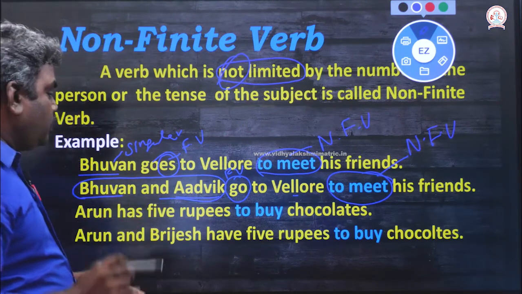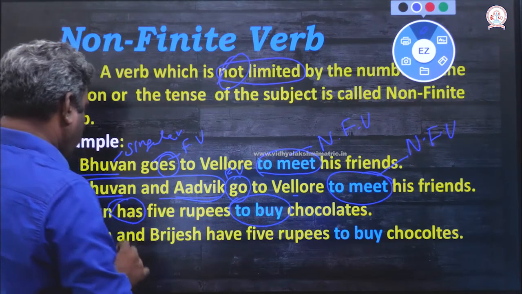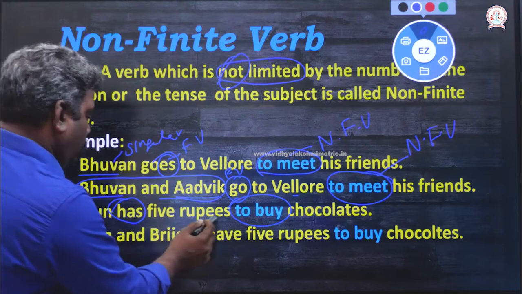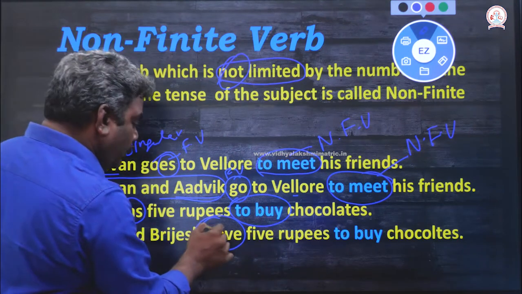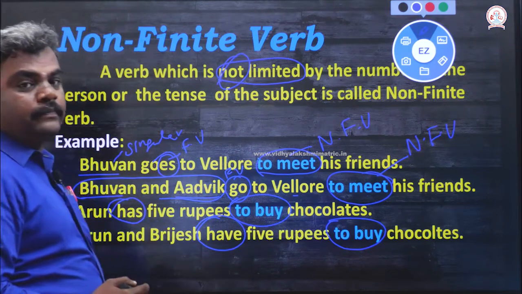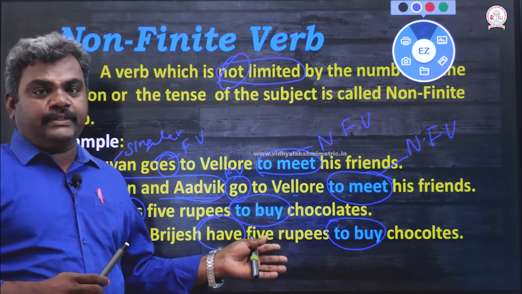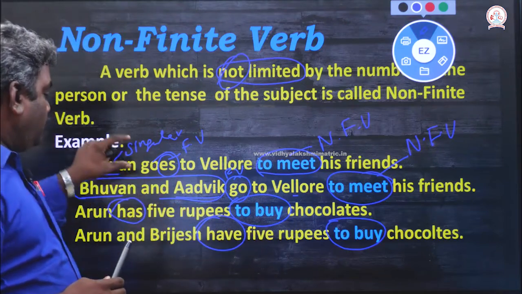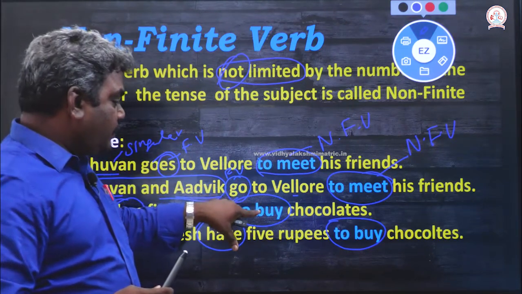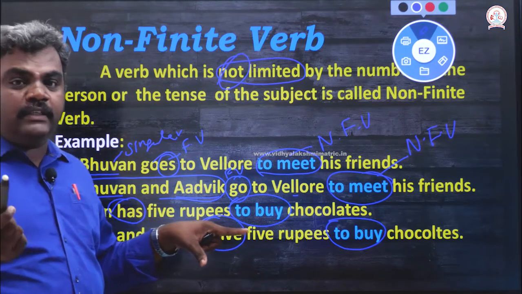Arun has 5 rupees to buy. Look at this. Finite verb: have. But even though we have the word have, there is no change in it. So I think you might have got a clear idea over this. It doesn't change its structure or form according to the subject or tense or the number.